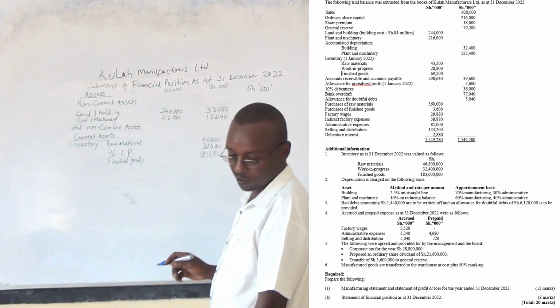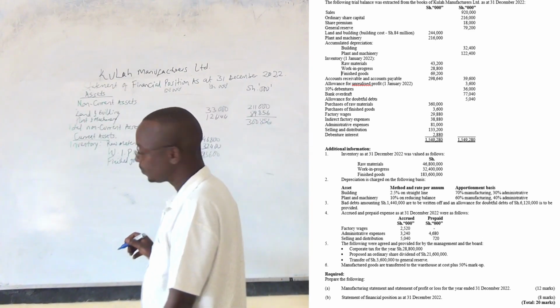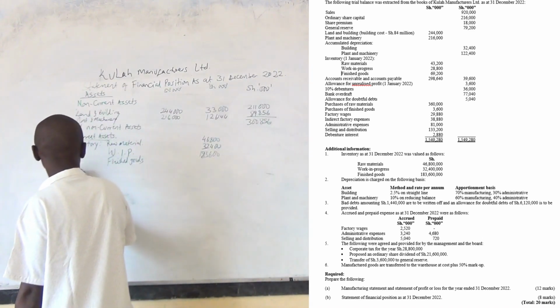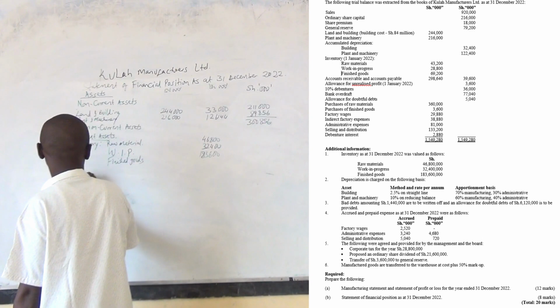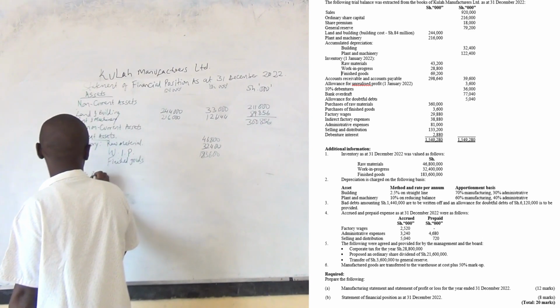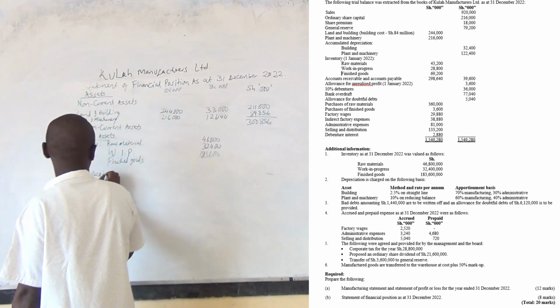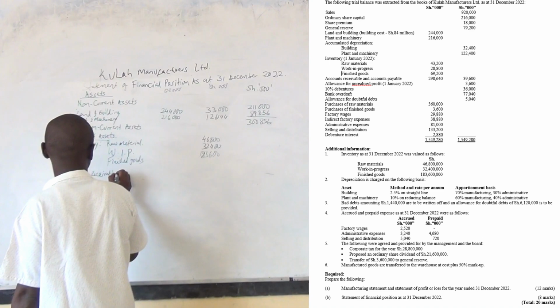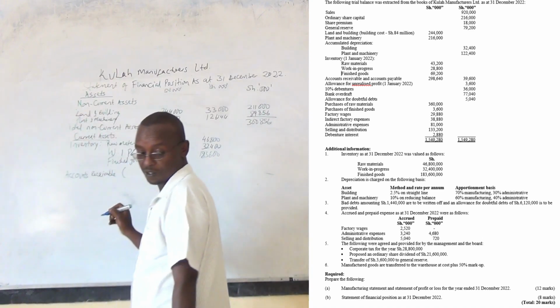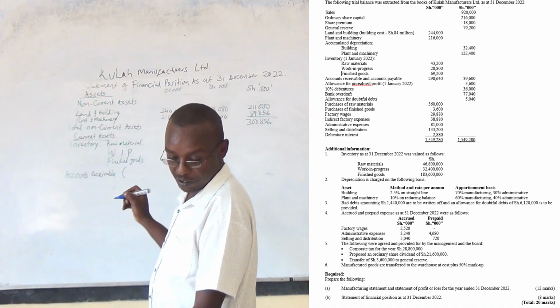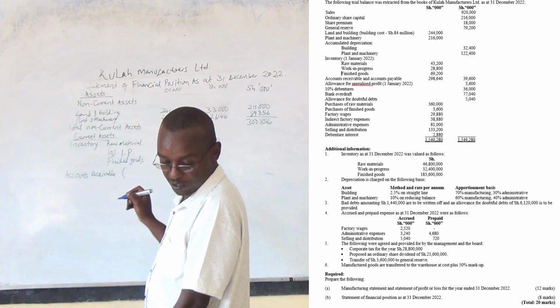Then we have accounts receivable. If we had to do the workings, our workings should show that the result is in the trial balance 298,640.